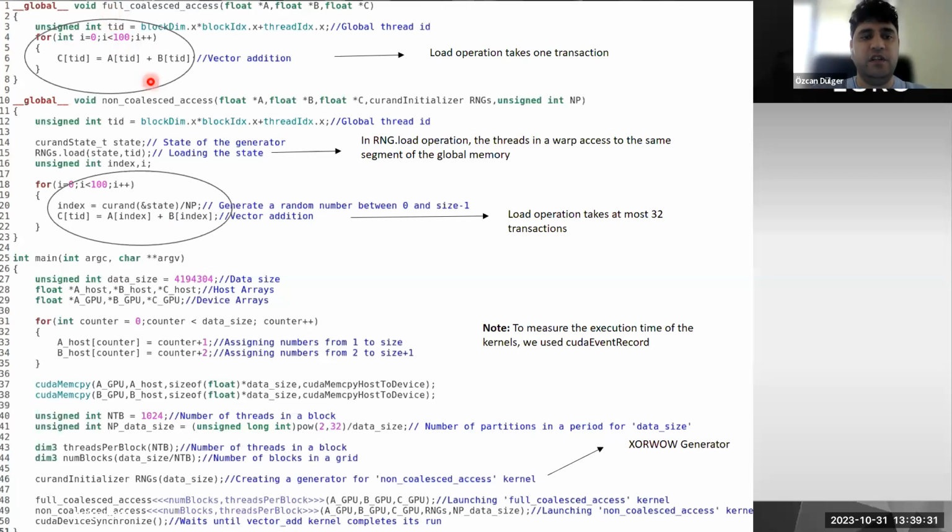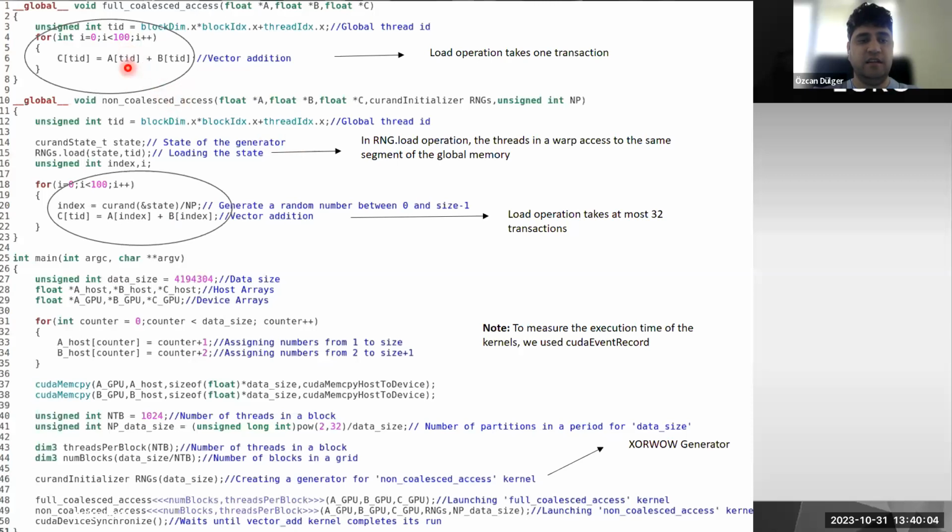We have two kernels here, which are about the non-coalesced access problem. The first kernel is related to the coalesced access to the global memory. We call it full coalesced access. Why? Because all the threads in the warp access the same segment of the global memory. How can we ensure this? By using global thread IDs of the threads here.